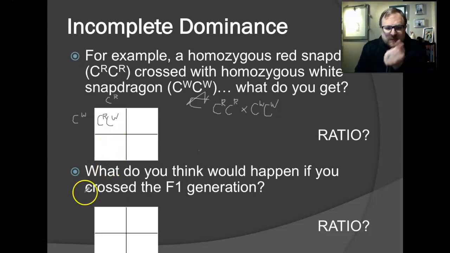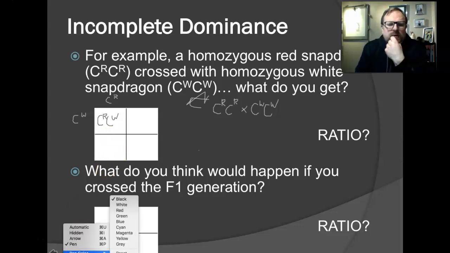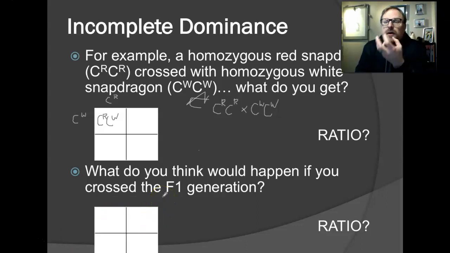Now, since this is an incomplete dominance situation, where when we have a heterozygous individual, both of the alleles are expressed equally, so we end up with a mixture or an intermediate of the two. That means that based on this cross, 100% of the individuals will end up having that pink color in their flowers. Okay?